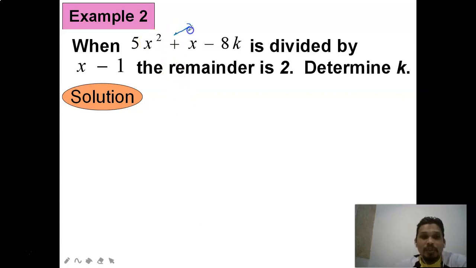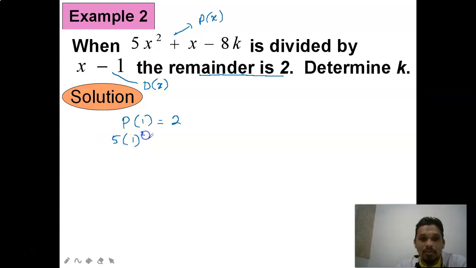Example 2. When this polynomial p(x) equals 5x squared plus x minus 8k is divided by x minus 1, the remainder is 2. Determine k. So p(1) equals the remainder, which is 2. Substitute x equals 1: 5 times 1 squared plus 1 minus 8k equals 2.